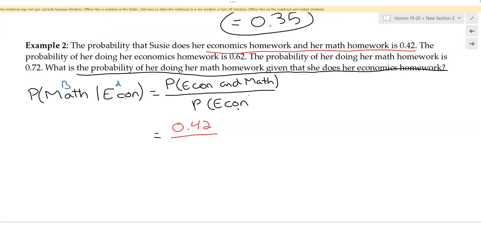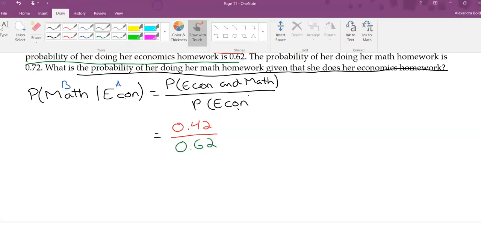And the probability of her doing her econ is 0.62. And that's all we need.